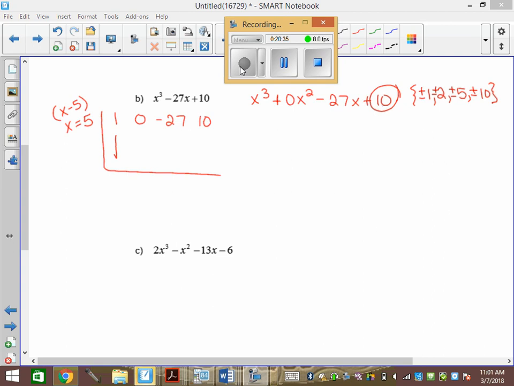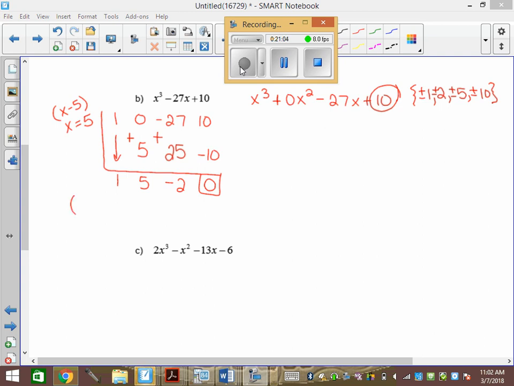All right. Drop the 1. 1 times 5 is what? Then we add. 0 plus 5 is 5. 5 times 5 is? Negative 27 plus 25 is? And then negative 5 and negative 2 is negative 10, which makes us happy because the box becomes 0, and we need it to be 0.